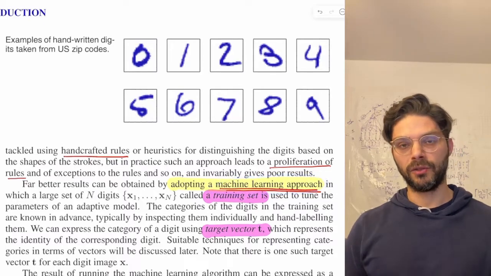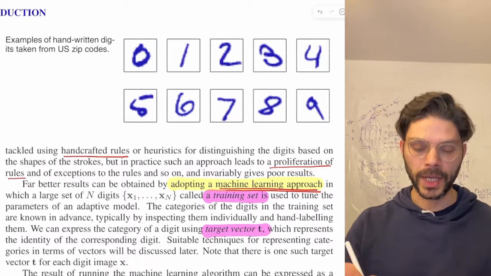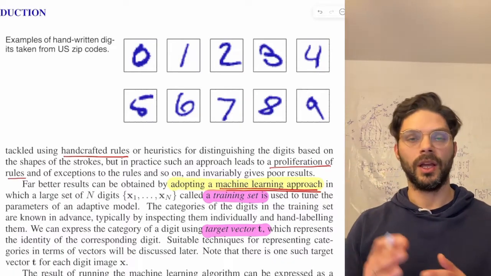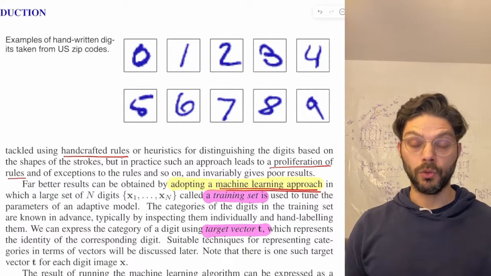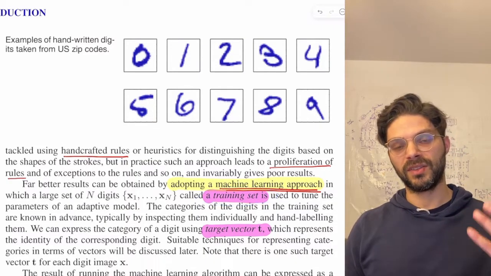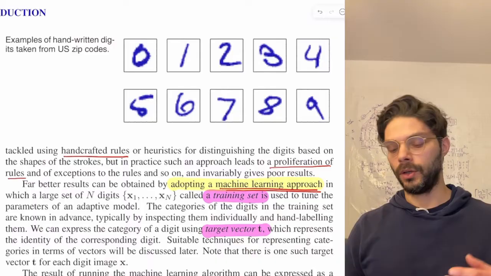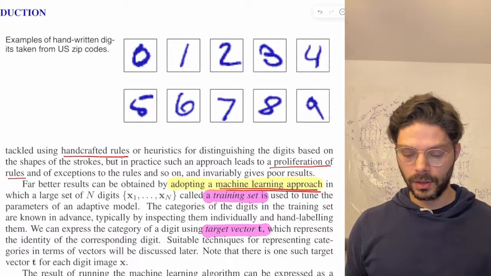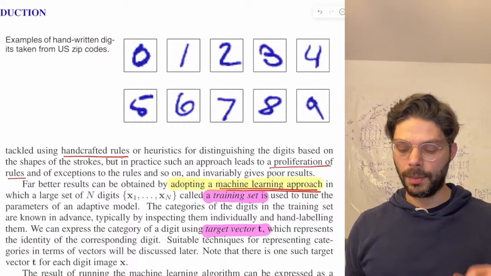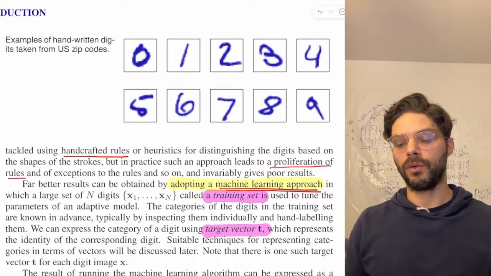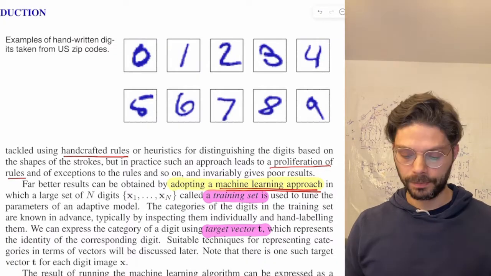Instead of trying to build in the rules, like going in and telling it, well, if you have a line that's going in this direction, it's probably a 1, you just first prepare a training set. A training set of examples of lots of zeros and lots of ones and lots of all the digits, and with each training example you also have a target vector, or some label that tells you which kind of digit it is.